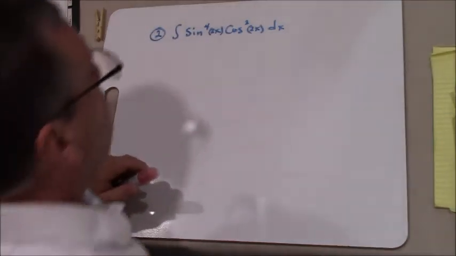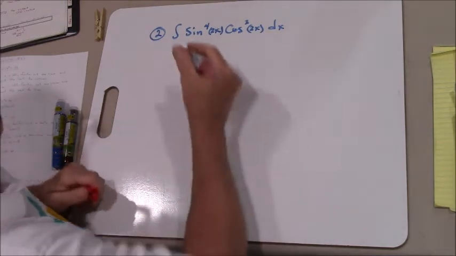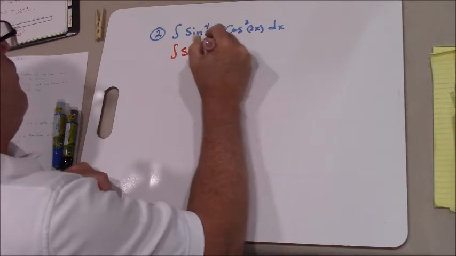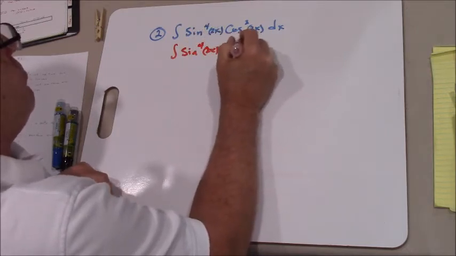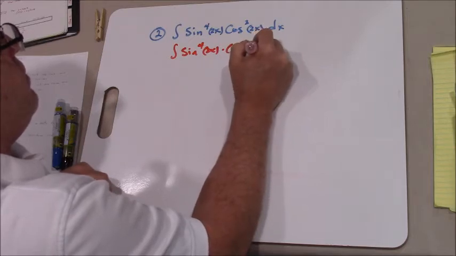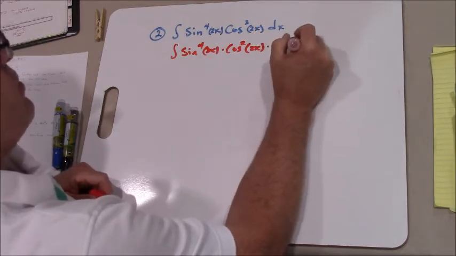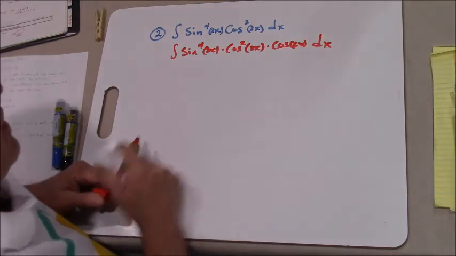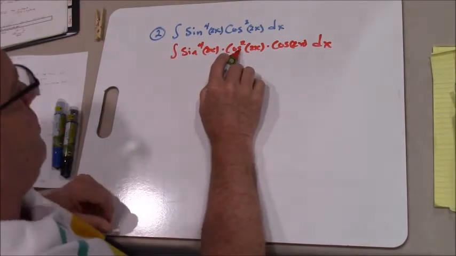All right, so here's my odd exponent. So I'm going to factor one of those out. So I've got the integral of sine to the fourth of 2x times cosine squared of 2x times another cosine of 2x and then dx. And so I want to convert these over to sines.